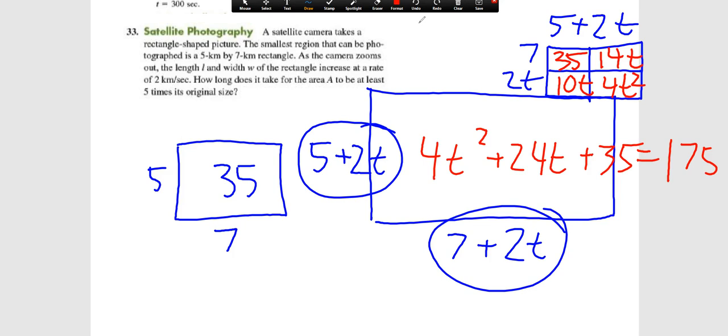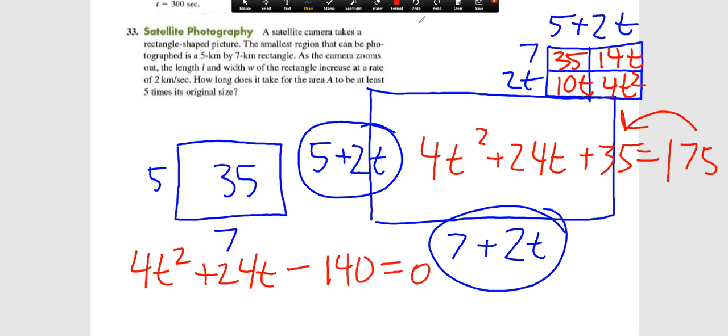What do you think we should do? Solve in what way? You mean subtract 175 to the other side? Sure, that's a great idea. 4t squared plus 24t minus 140.